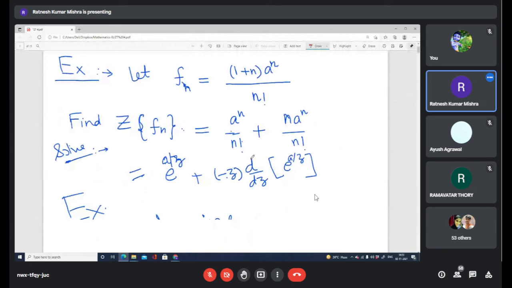So now proof. So first of all, we have this one. This is, so this is summation n equal to 0 to infinity fn z power minus n.